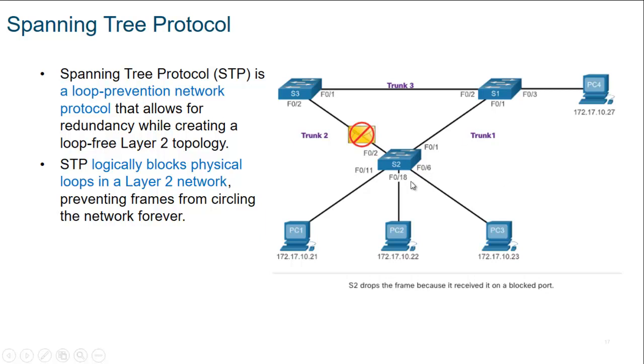The packets can traverse through other lines to get to the destination, but this path, although physically is still available, logically it is blocked. What it does is that it now will not accept any frames that comes through this because it is now a blocked path. So this way, STP has cut down on the loop and it can provide loop prevention.